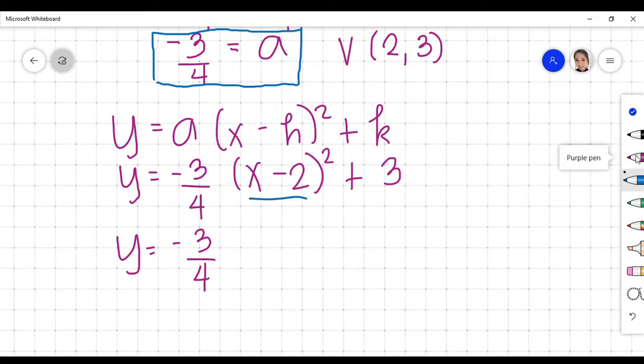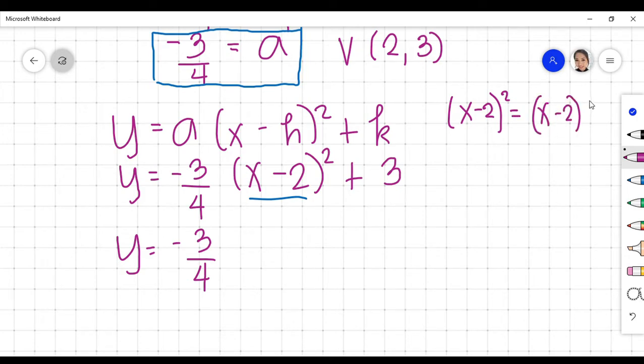So, ano ba yung expanded form ng x minus 2 raised to the power of 2? So, alam natin that that is x minus 2 times x minus 2, which is equivalent to x squared minus 4x plus 4. Okay, pwede FOIL ang gamitin natin or pwede rin distributive property. So, it's up to you, but ito yung expanded form niya.